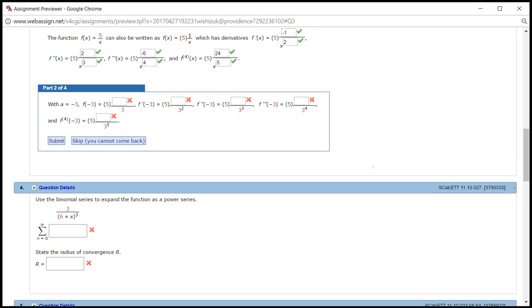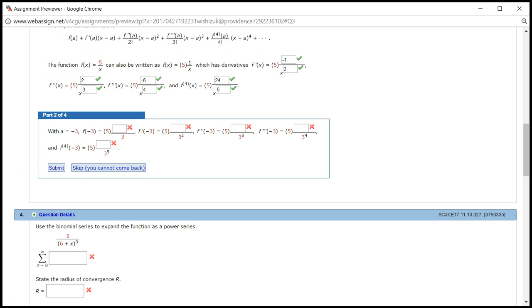All right, so what we want to do is plug in a equals -3. All right, so this is the original function. If you put -3, it's going to be -1 here. All right, and first derivative.